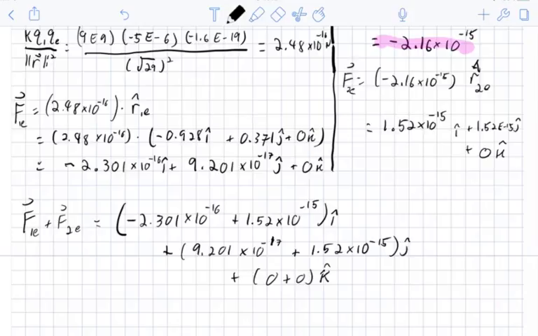So let me add these together. Get out my calculator. 2.301 E minus 16 plus 1.52 E minus 15.